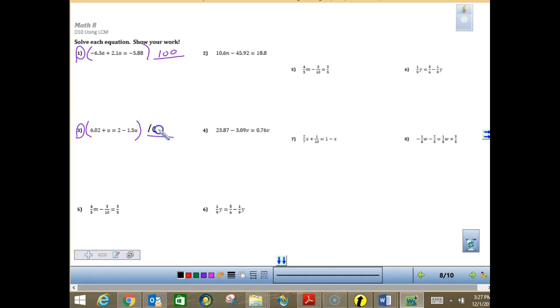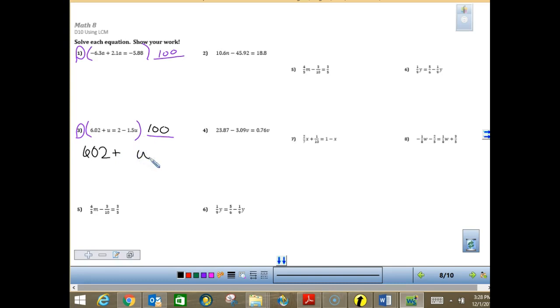So if I am multiplying this by 100, 100 times 6.02 is going to move it over 2 places. That gives me 602. Plus u. What happens when I take u times 100? I'll have many people just leave this like this.